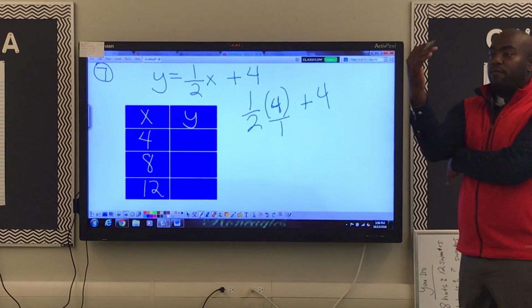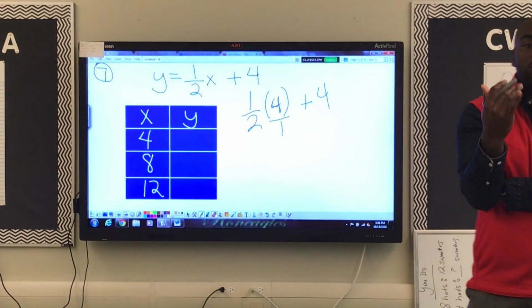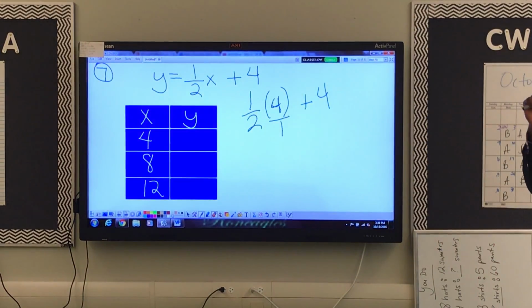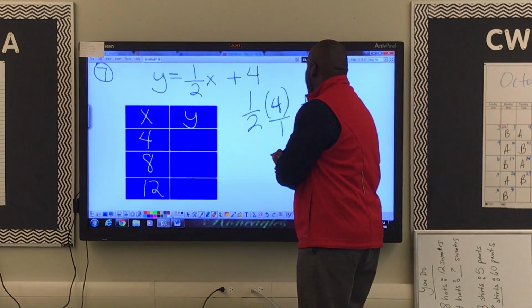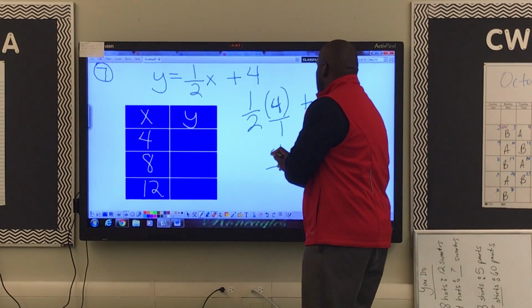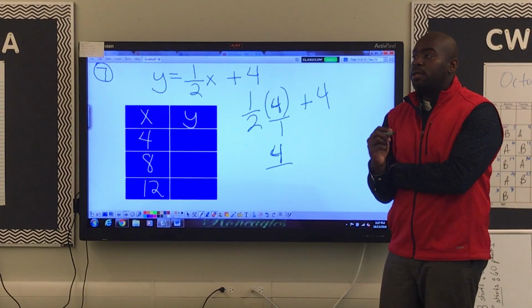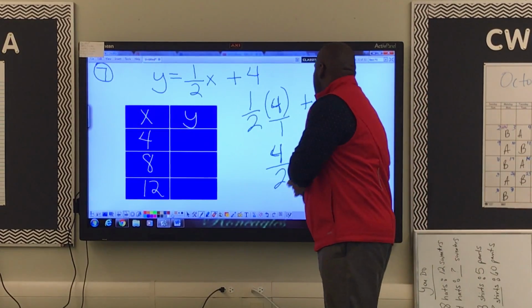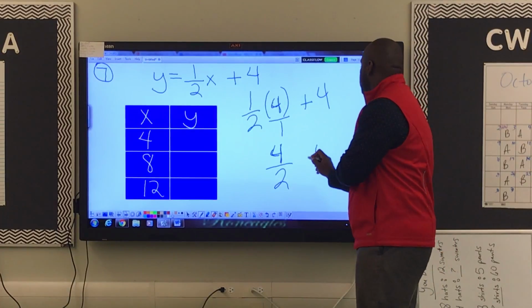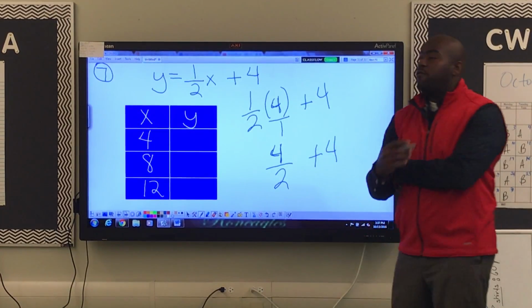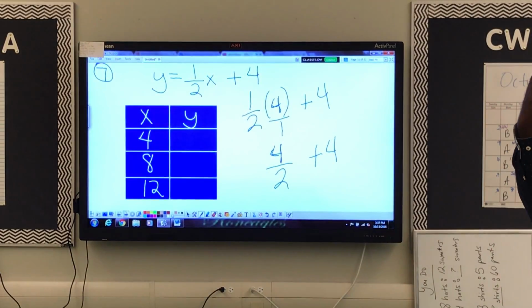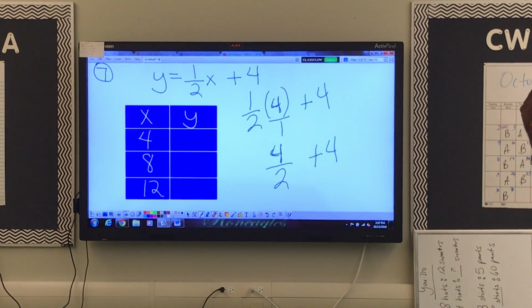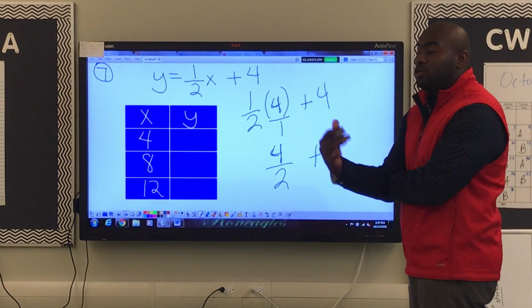So now we have 1/2 times 4 over 1. And when you're multiplying, multiply straight across. 1 times 4 is 4. 2 times 1 is 2. 4 over 2 is saying the same thing as 2, because it means 4 divided by 2. 4 divided by 2 is 2.